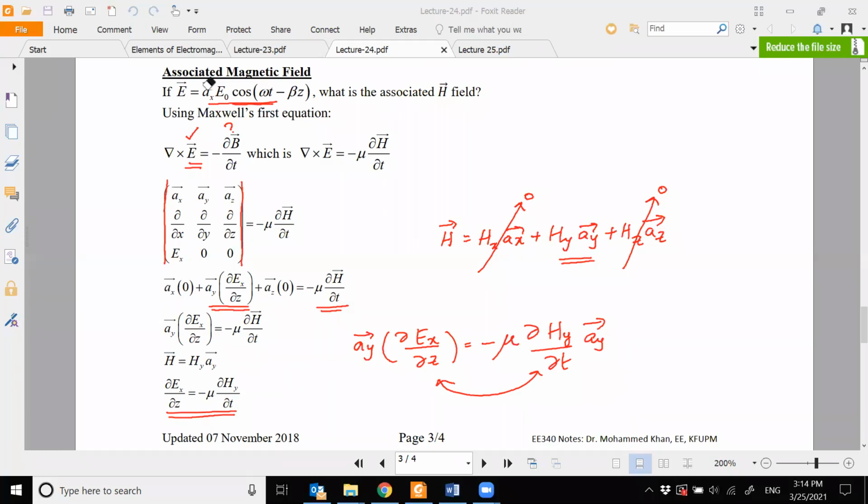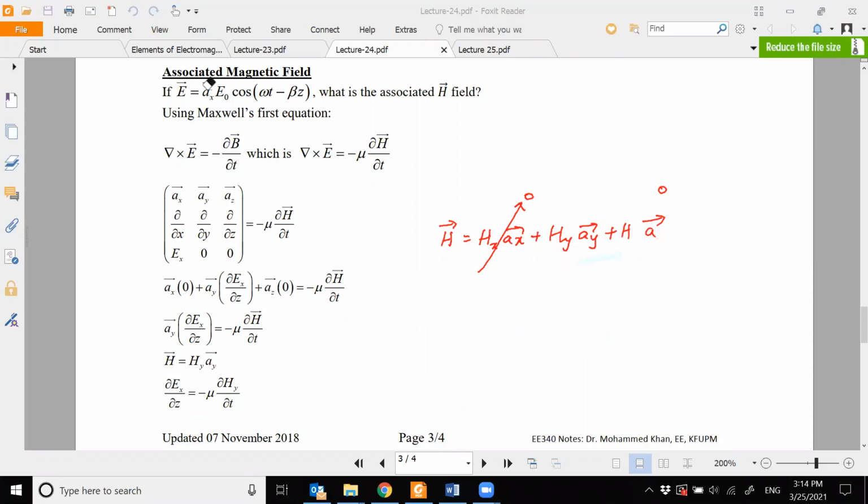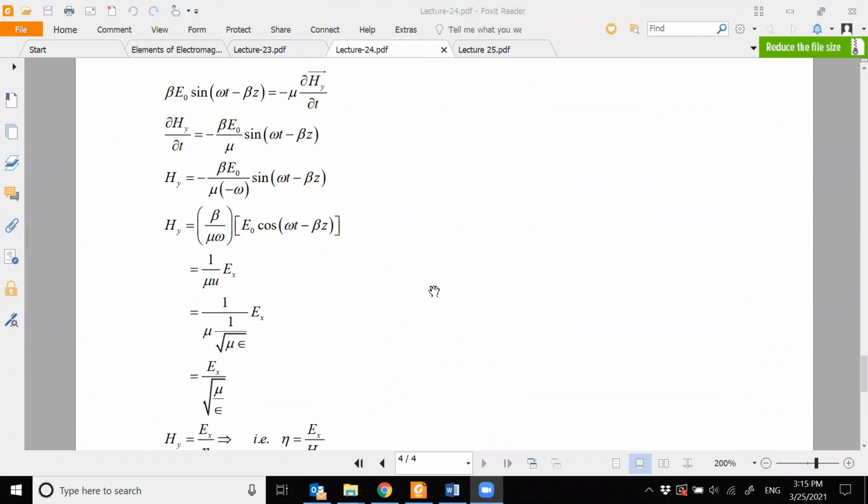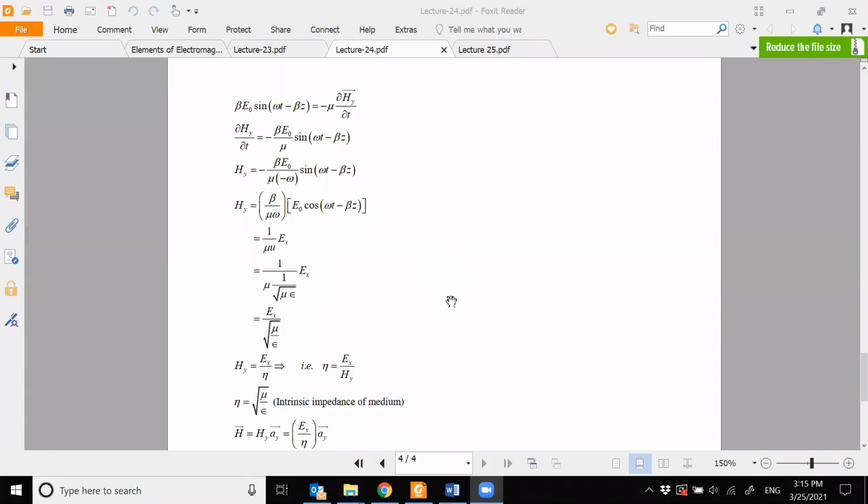And let us now do a further simplification. When you do the further simplification, you are finding this differentiation with respect to z, keeping the right hand side as it is.